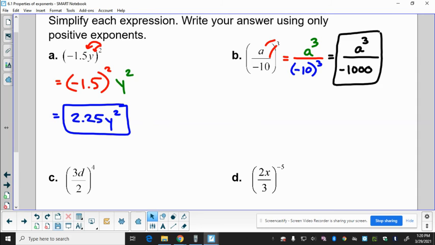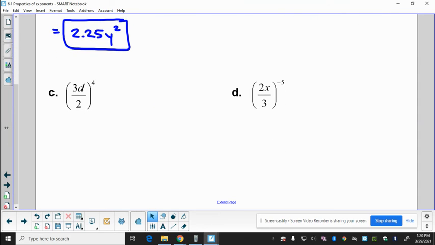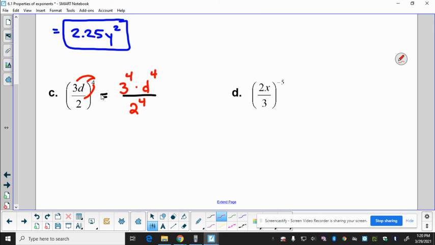All right, parts C and D. Let's see if we can figure these out. So in this case, this exponent of 4 gets applied to everything. So this would be 3 to the 4th times d to the 4th over 2 to the 4th. So I guess we got a little bit of work to do here.